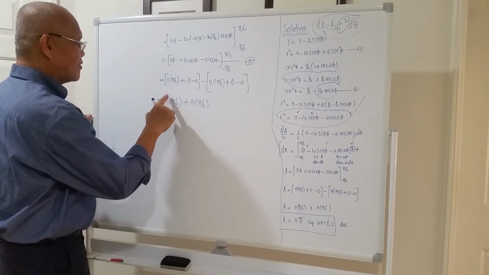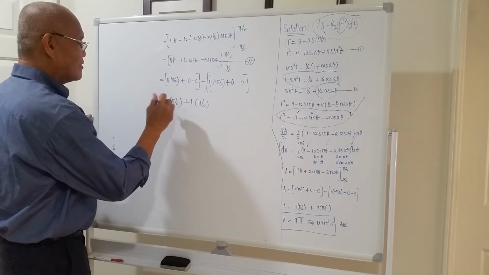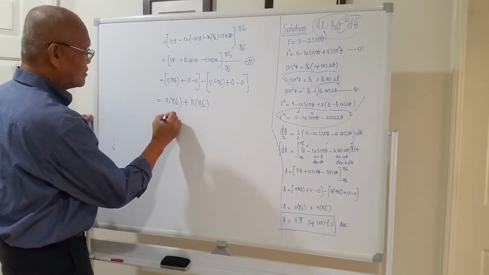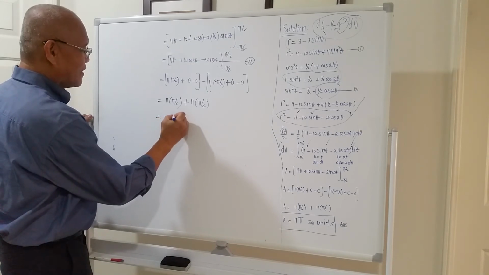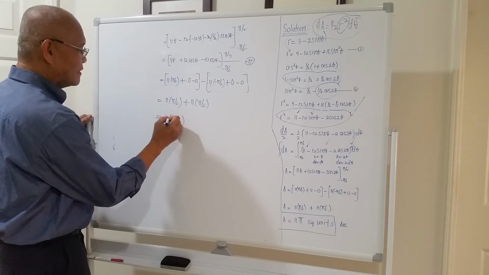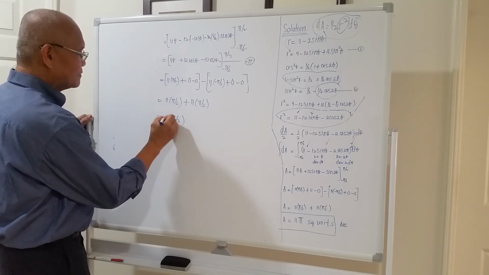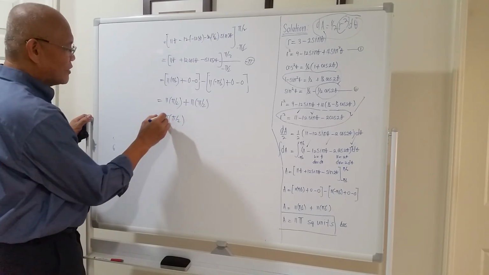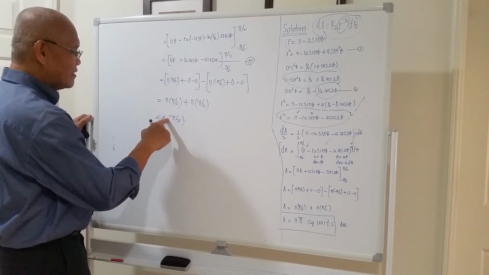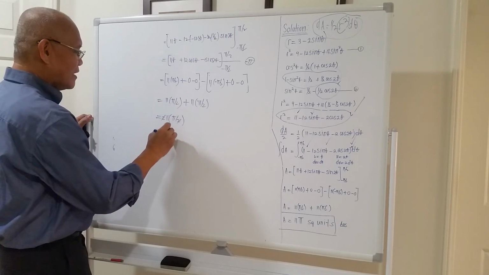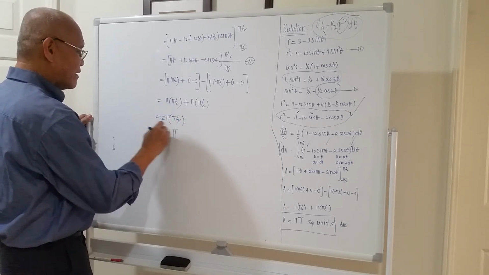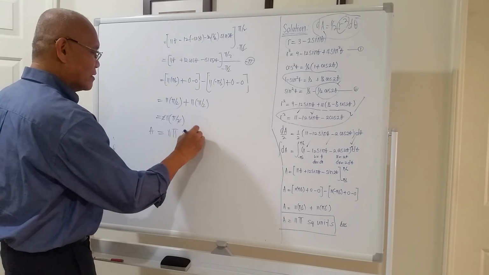These are similar terms, right? So this is 2 times pi over 2, 2 times 11. So these two cancel with this. So our answer is 11 times pi. Area, square units.